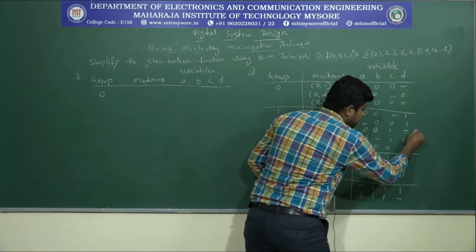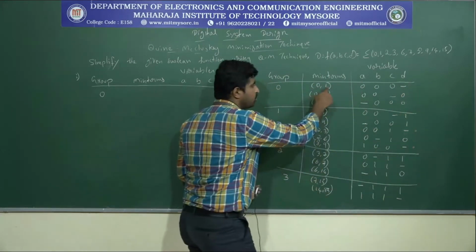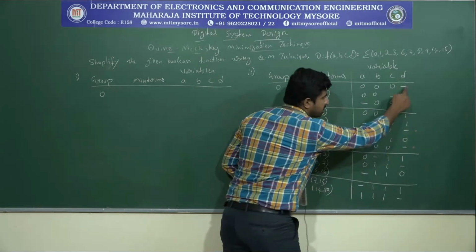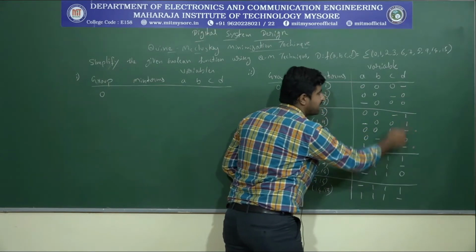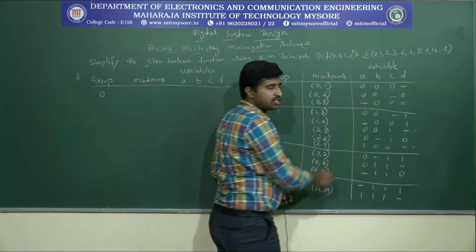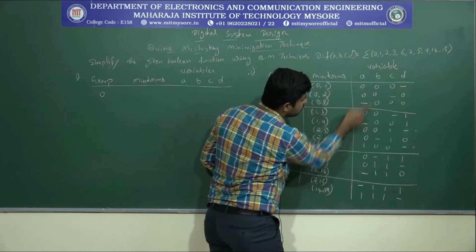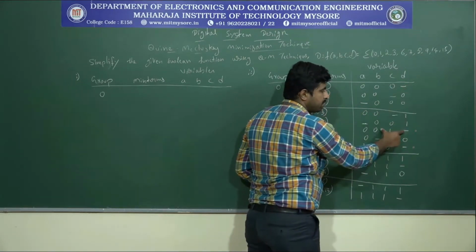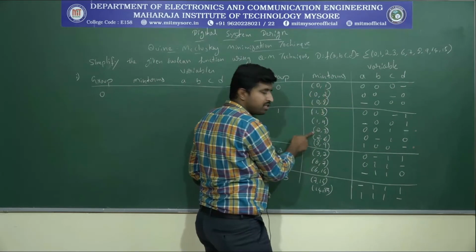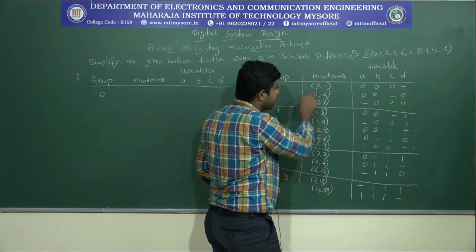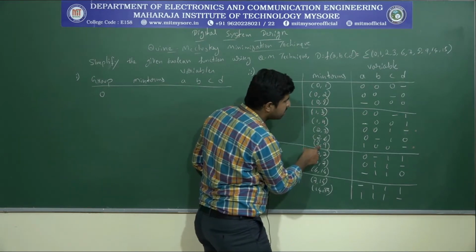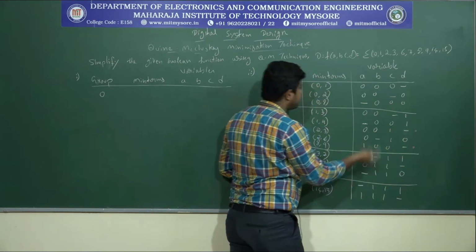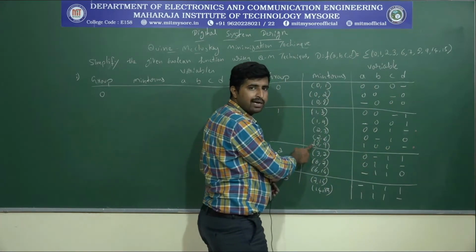So this one and this one, when you compare 0, 1 with this group 1 mean terms, these two match in the dash position. Let's see the other variables: 0 0 0 0, 0 0 0 1, so one variable has changed, the remaining are the same. That means we can group 0, 1 with 2, 3. Similarly, can we group 0, 1 with 8, 9? One variable has changed, the remaining are as it is. So we can group 0, 1 with 8, 9 also.